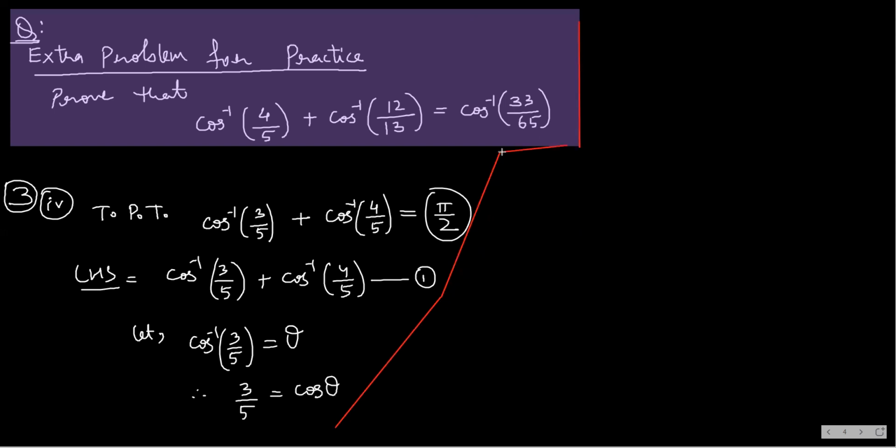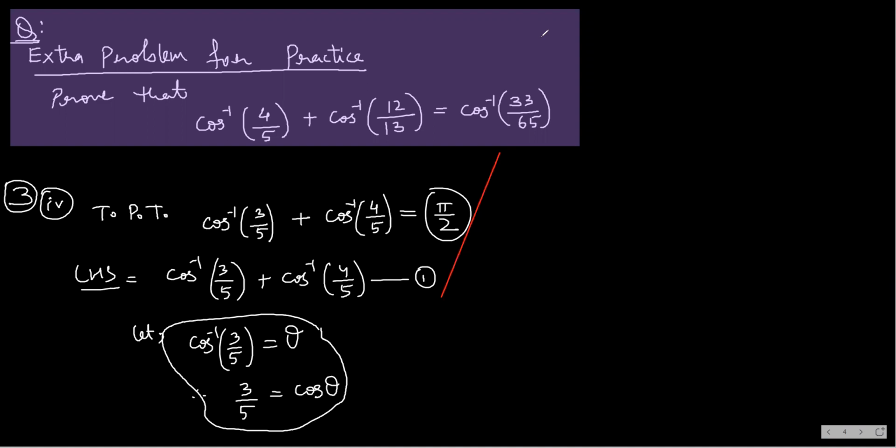So here I start writing. 3 by 5 is cos theta. Now I square both the sides. Moreover, you also know that if you write it this way, it means you have used the definition of cos inverse function. Cos inverse 3 by 5 is theta, so 3 by 5 is cos theta.